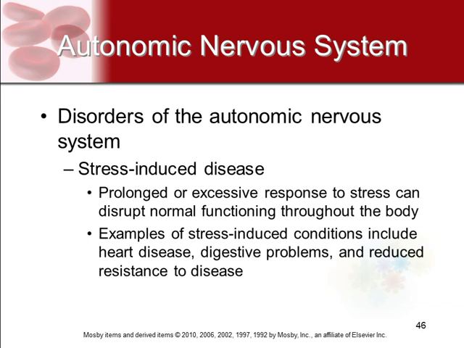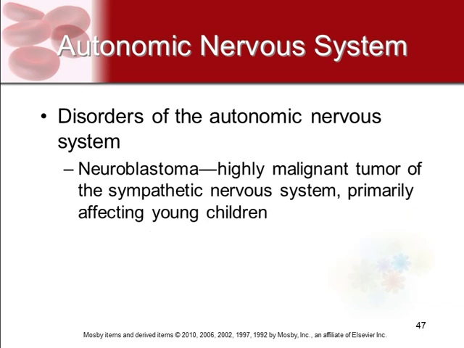Some examples are an increased risk of heart disease, digestive problems, a lot of constipation issues, or reduced resistance to disease, because your body is so busy being concerned with running away from whatever you're afraid of that it doesn't take care of those normal functions anymore. And then another one you can have is a neuroblastoma, which is a highly malignant tumor that triggers your sympathetic nervous system. Most of the time, this affects young children, so you see it when you're young.